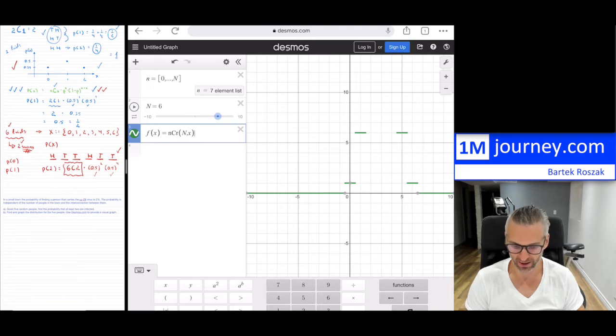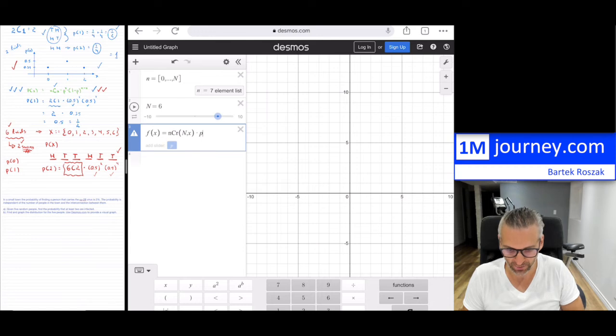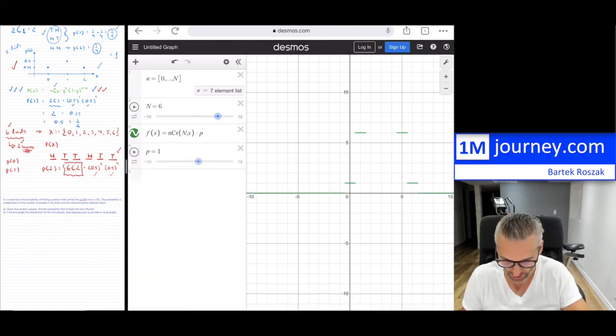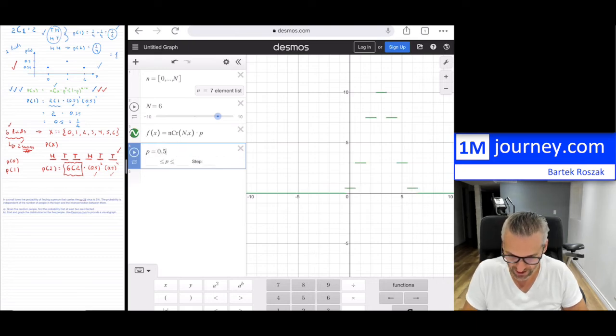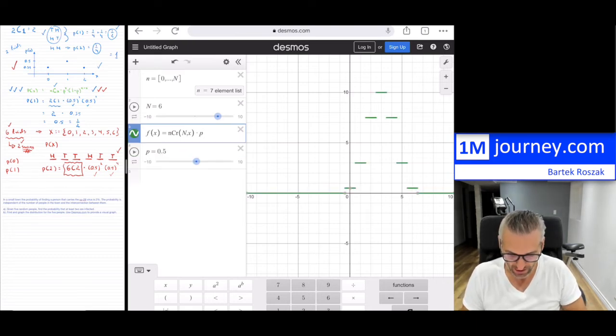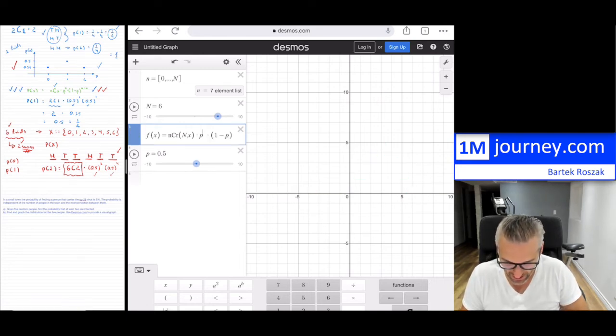This is going to be multiplied by the probability p, and that probability p, for us, is 0.5, times 1 minus the p, and I'm sorry here, so we're going to have to raise this up to the x.